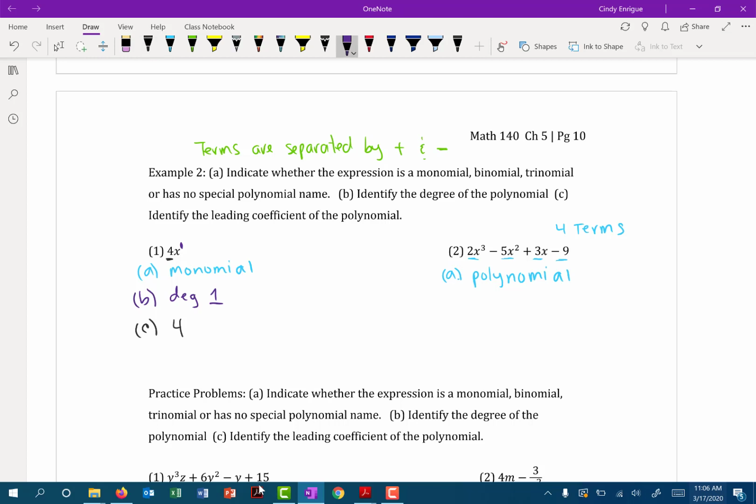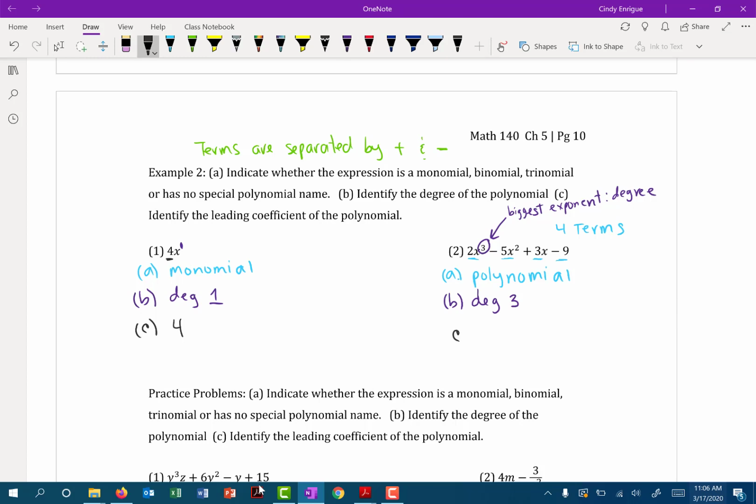So then our second thing, we want to identify the degree of a polynomial. So we have 3, 2, 1, and 0. So this is the biggest exponent. So that tells us that it's going to be the degree. So the degree of this polynomial is 3.